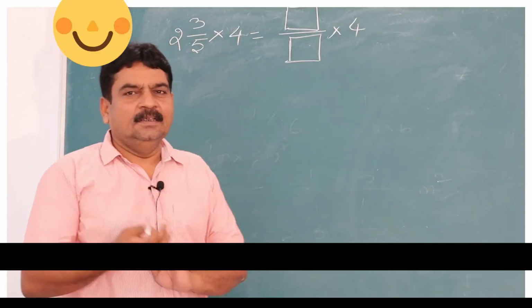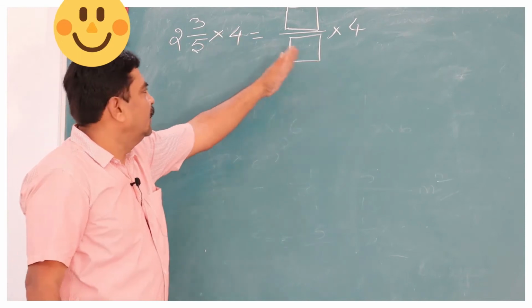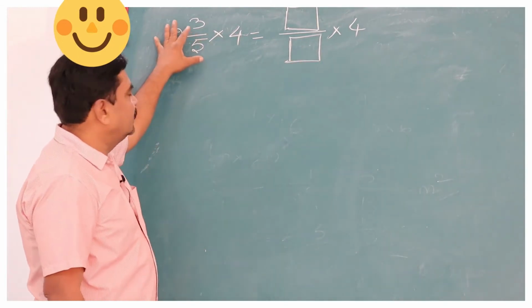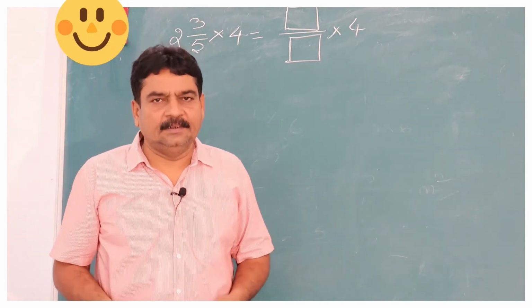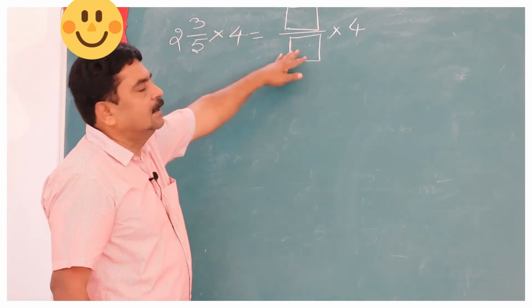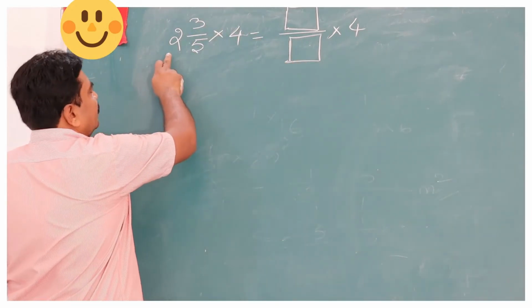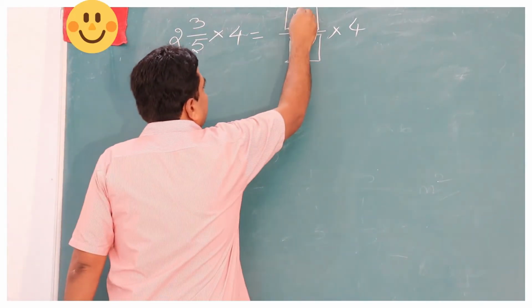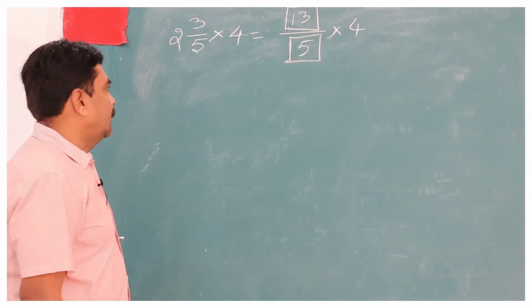Okay, the question is like this: 2 3 by 5 into 4. You convert this mixed fraction into an improper fraction, and then you write it down here. 5 twos are 10, 10 plus 3, 13, 13 by 5. Now you have converted it into an improper fraction.